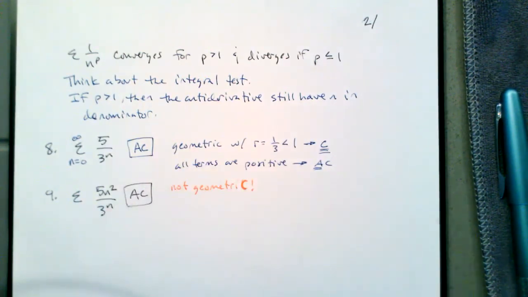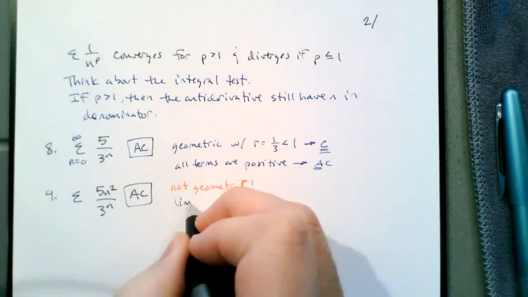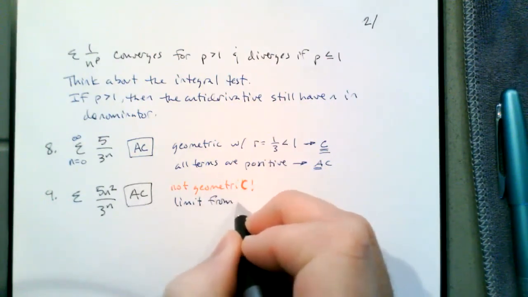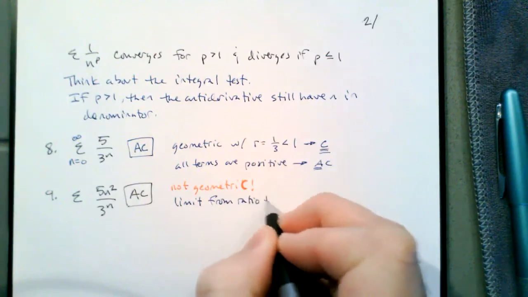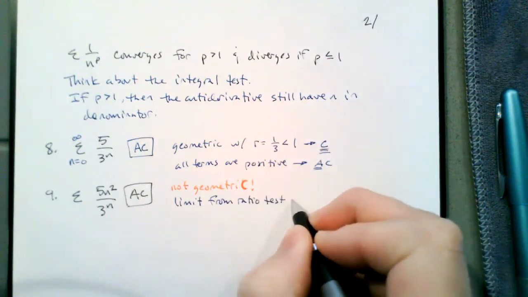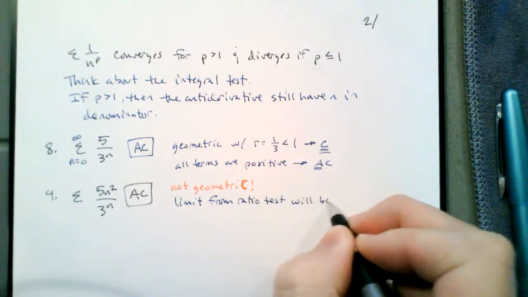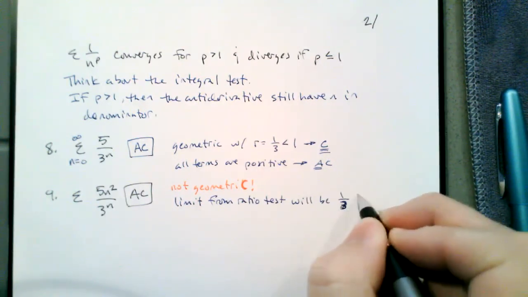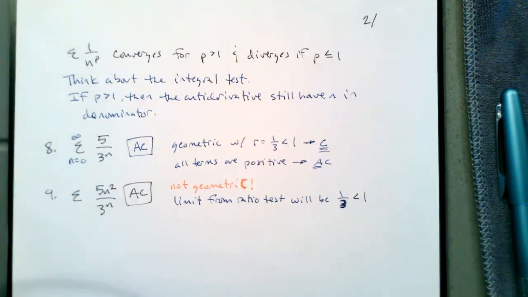I know the ratio test is the new test, but if we run a ratio test, the limit from the ratio test will be 1/3, which is less than 1.